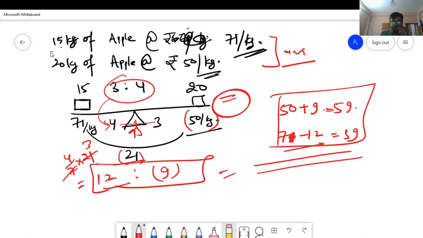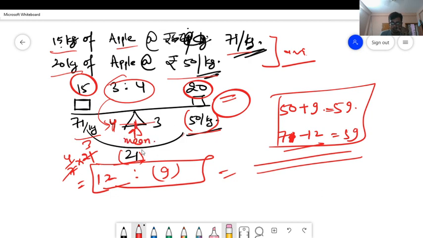15 kg of apple was at 71 per kg, 20 kg of apple was at 50 per kg. We put the kg above the seesaw, and 71 and 50 here. 3 is to 4 was the ratio of the kgs, so 4 is to 3 will be the ratio of the distribution of this rate from the mean.